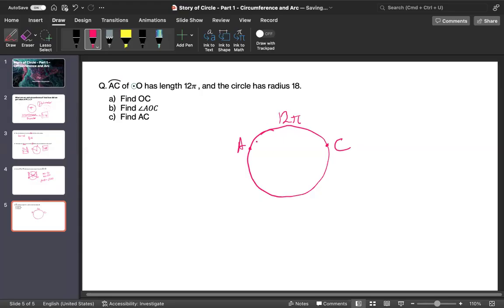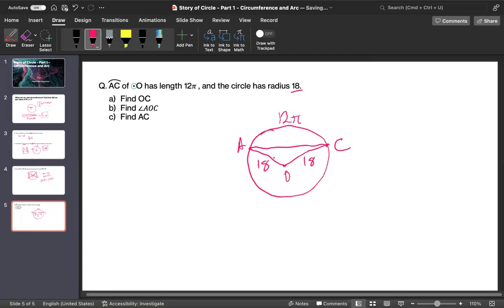And we know that the circle has radius 18. Here's our little center O. So we're going to make a triangle. This might help us. Okay, so we have to find OC, which is the radius, and it gives us that radius is 18. So we know that this and this are 18.